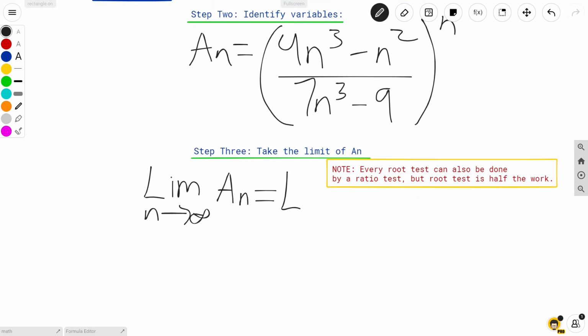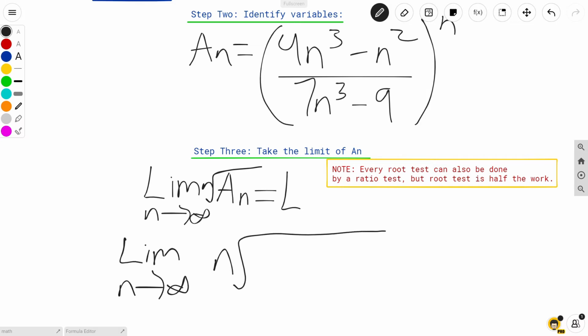One thing I did forget to do is that the root test uses the nth root. So now, without further ado, we're going to take the limit as n goes to infinity of the nth root of the absolute value of a sub n.